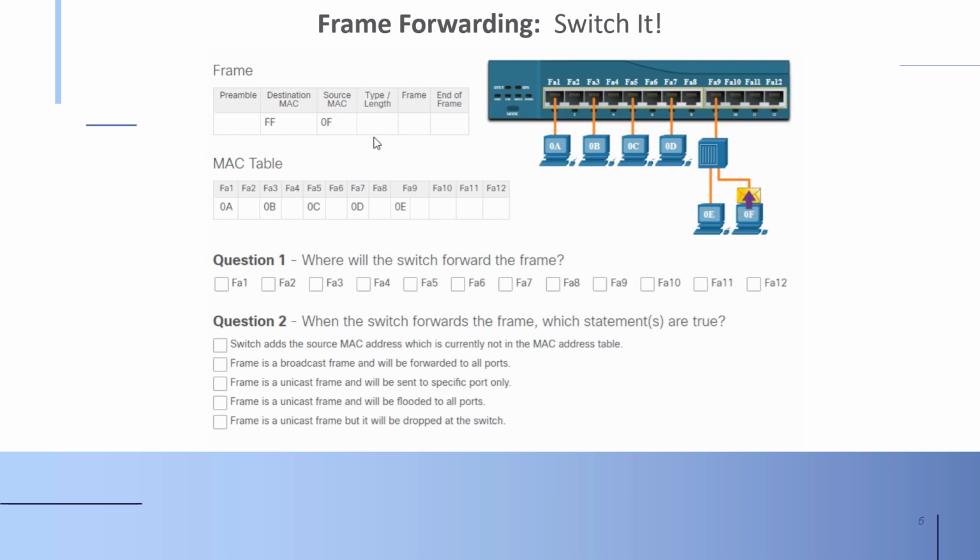This is the second one, and so let's go. Every time you have to check the frame and the MAC address table, and by this information you have to provide the answers for question 1 and question 2.